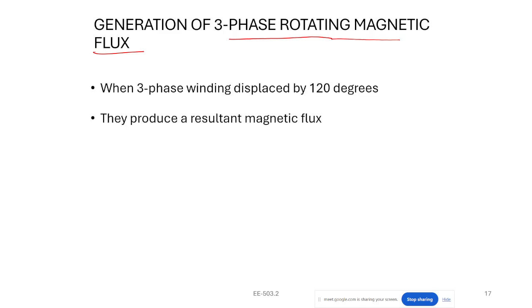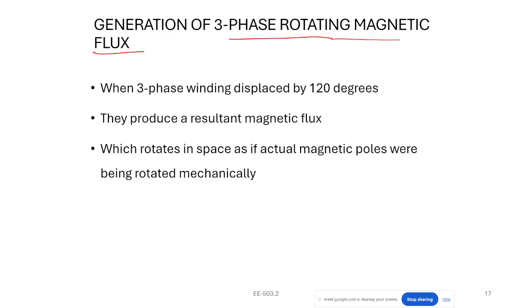So here we can see that the three-phase winding is displaced by 120 degrees, that is what we are doing. For production of the rotating magnetic field, we are giving these windings a 120 degree phase shift. Whatever we place, we place at 120 degrees, and they produce the resultant magnetic flux.